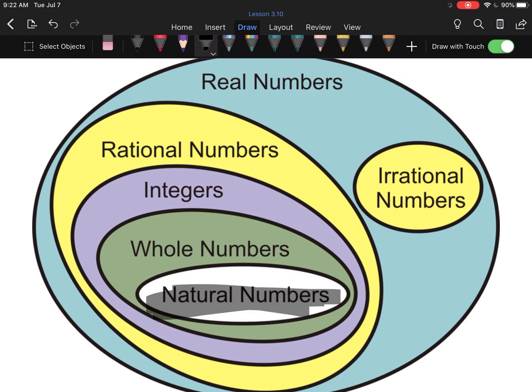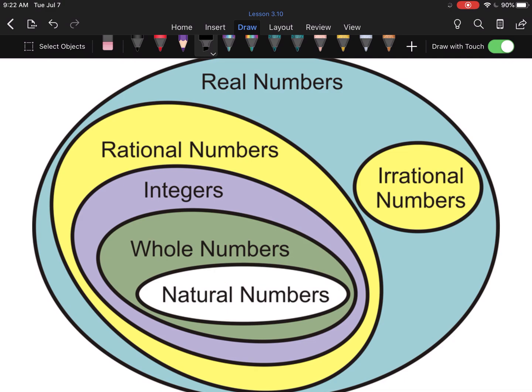It's not zero. It's not a negative number. It's not a decimal. It's not a fraction. That's in the innermost circle, which means if you are a natural number, you are also every single thing above it. You're not irrational. That's its own separate bubble.